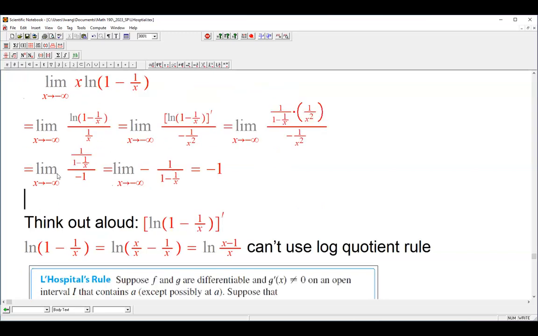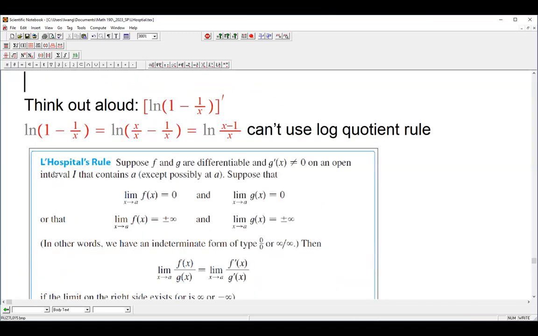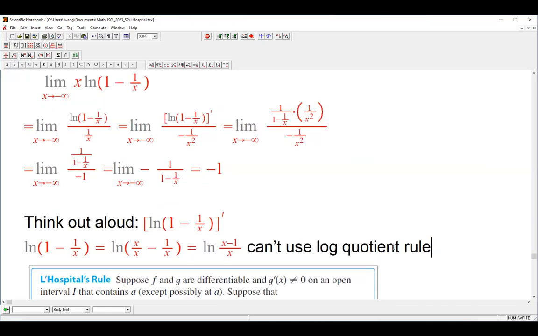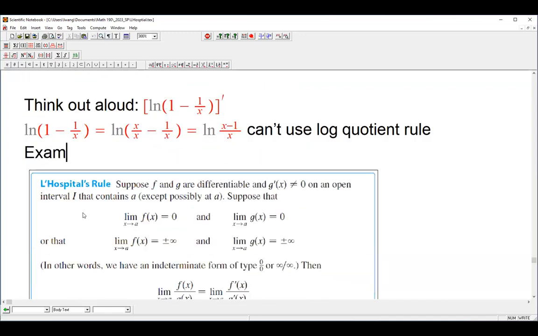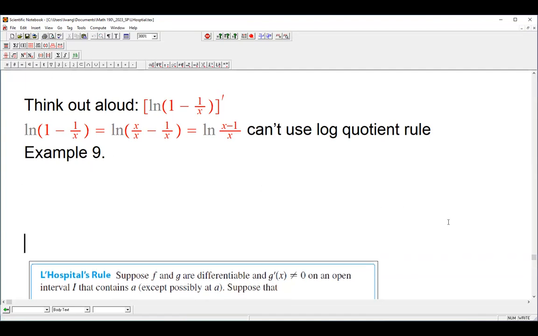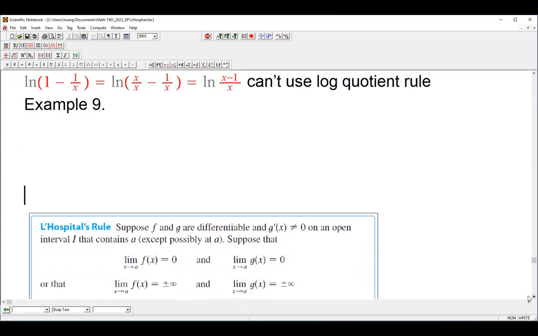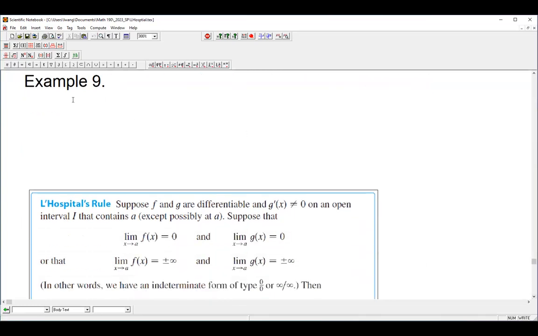Okay, all right. Another one that might look a little bit challenging is example number 9. This one I have here is a limit that has some interesting powers.